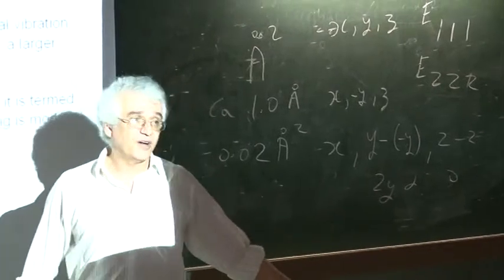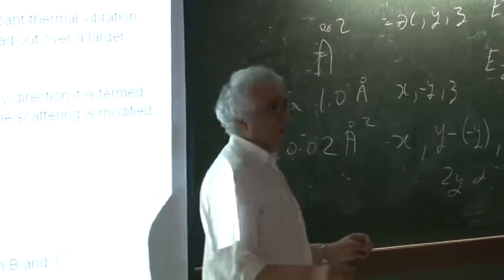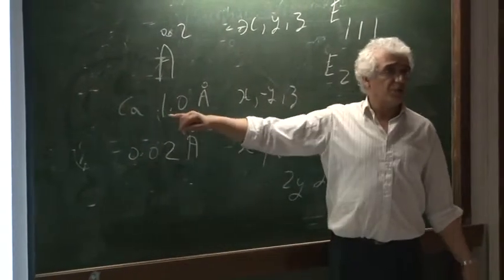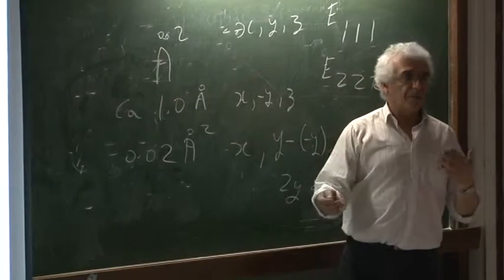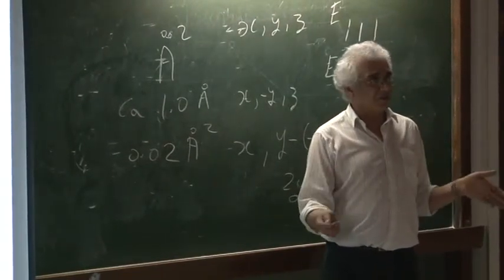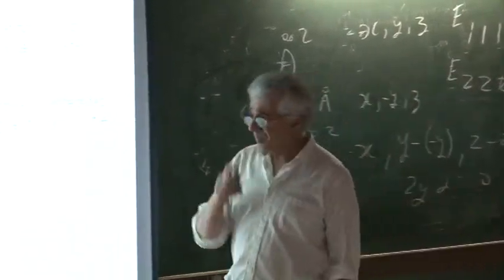So that would be a U value. Make sure you know which one you're using in the paper. One will be called U, one will be called B. Both get deposited in the databases and both get reported in papers. It's just to know the relationship between the two.